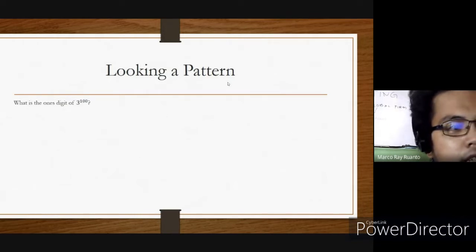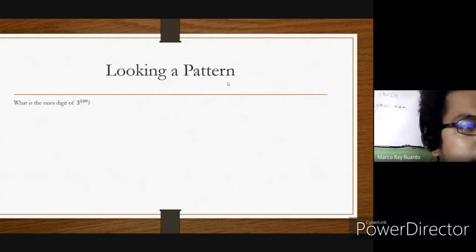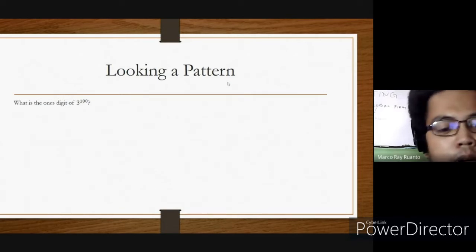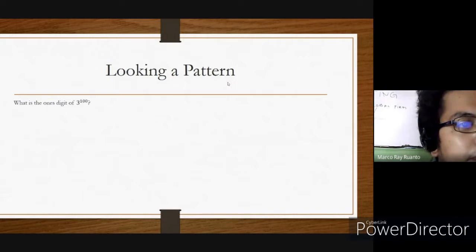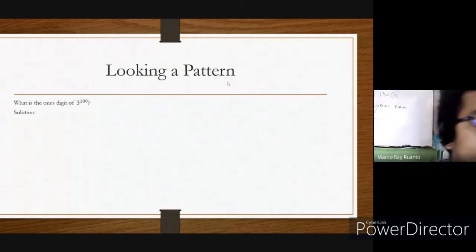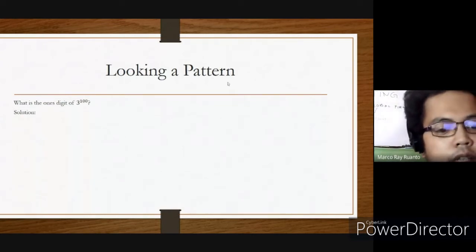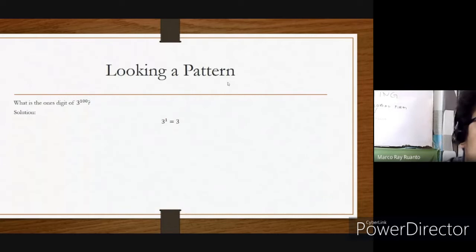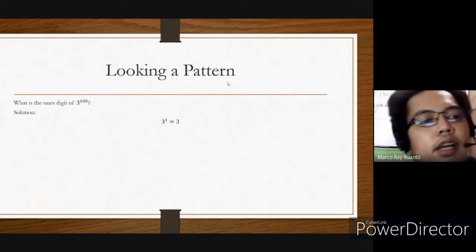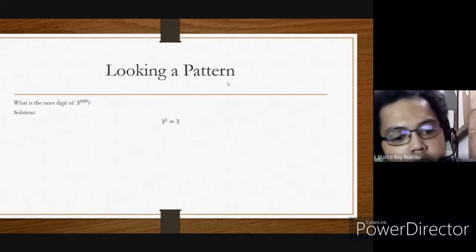Let us try to solve this given problem using a pattern. What is the ones digit of 3 to the power of 100? We know that 3 to the power of 1 is 3, and the ones digit there is 3.